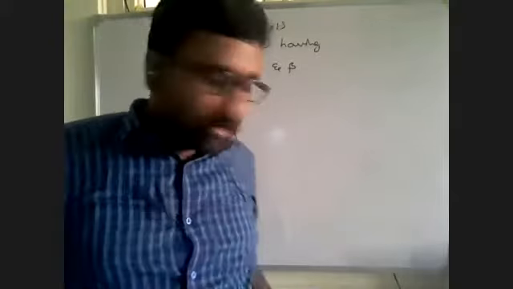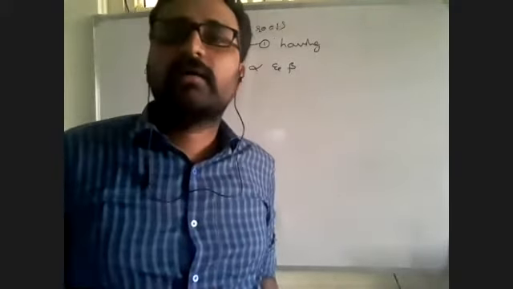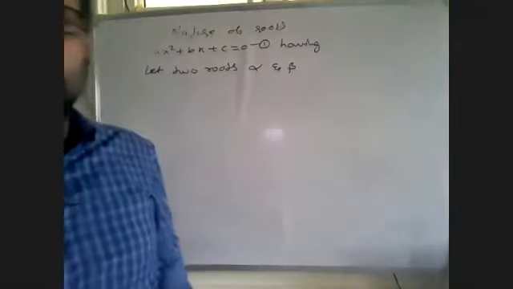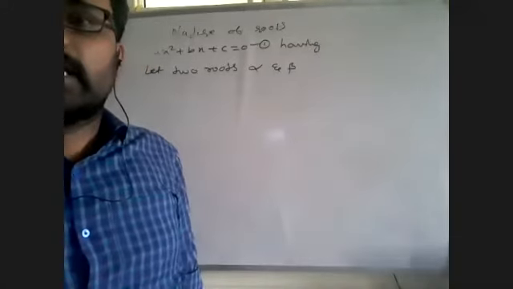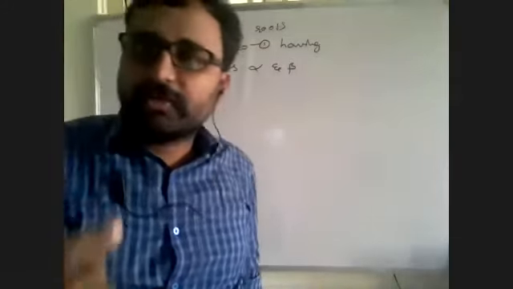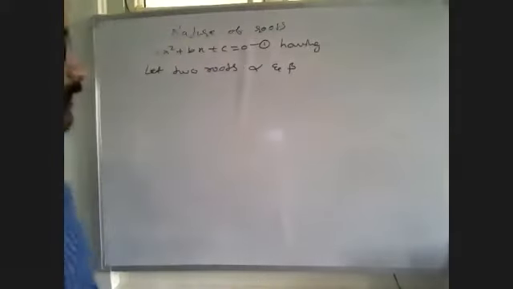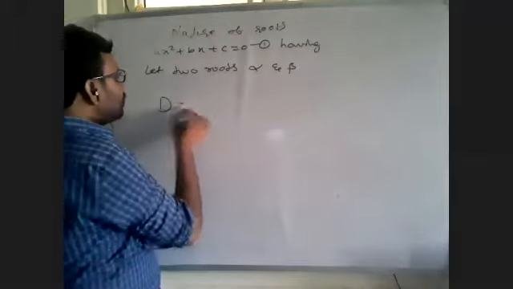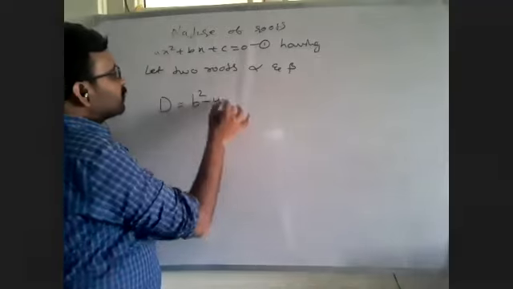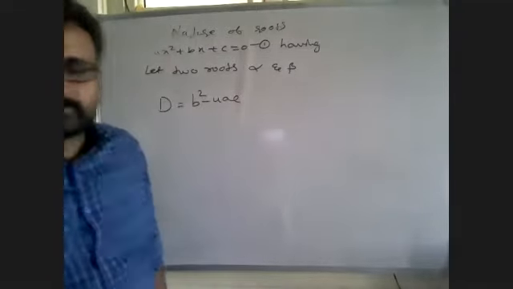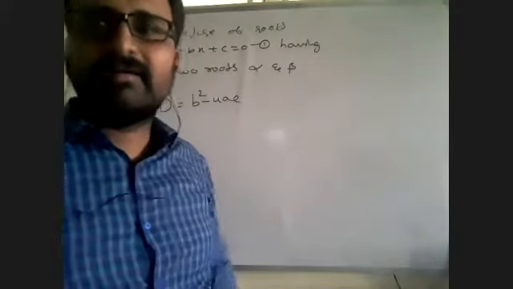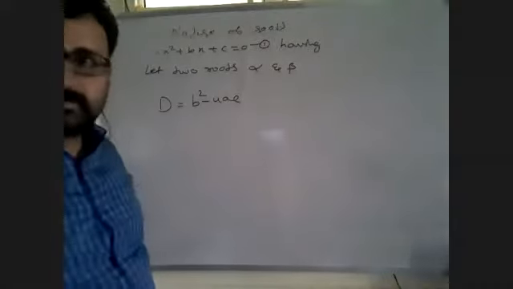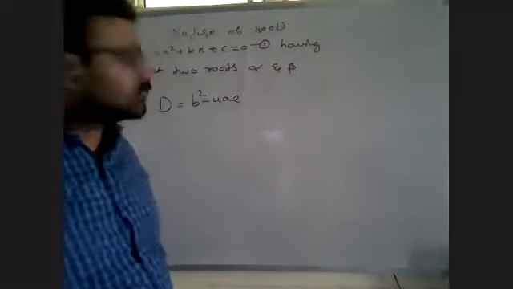Now, how can we say the nature of the roots of this quadratic equation? That is very easy, depending on the value of the discriminant. We denote the discriminant with capital D. You know already that it is b square minus 4ac, which is under the root in the solution formula.